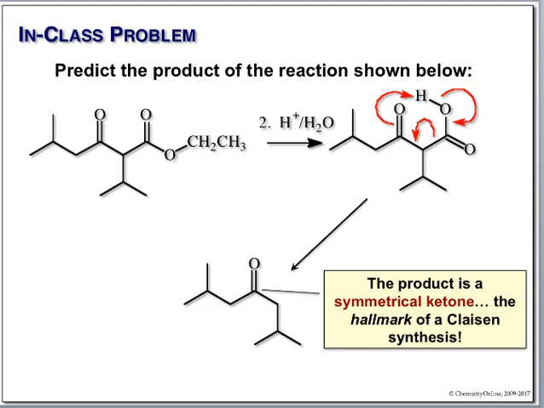Lysin condensation. 2 moles of an ester. Link them together. Acidify, lose CO2. You get a symmetrical ketone.